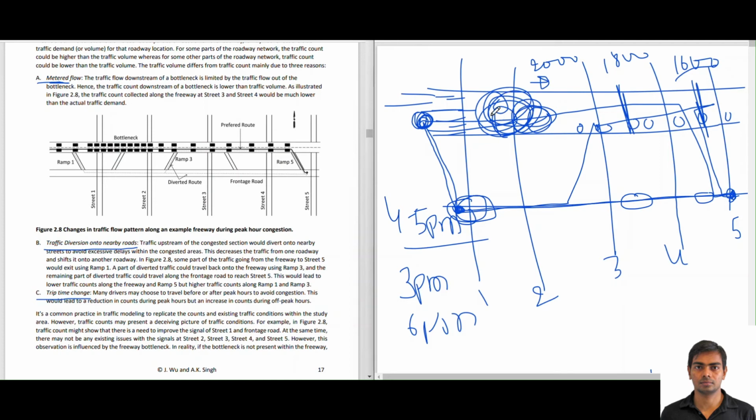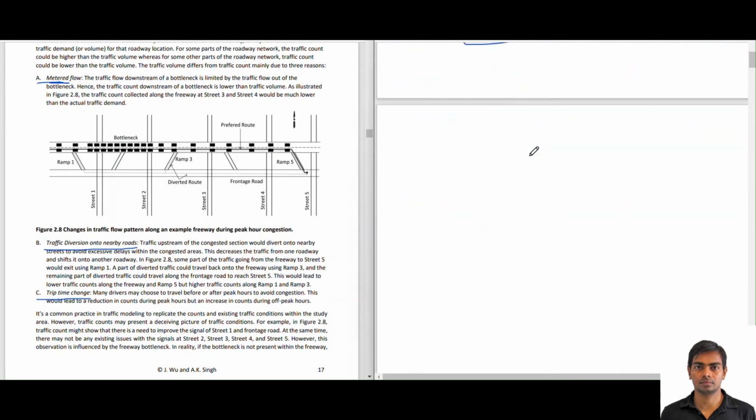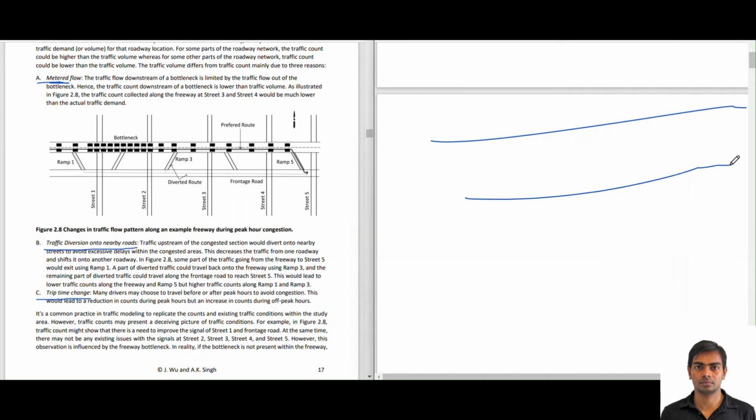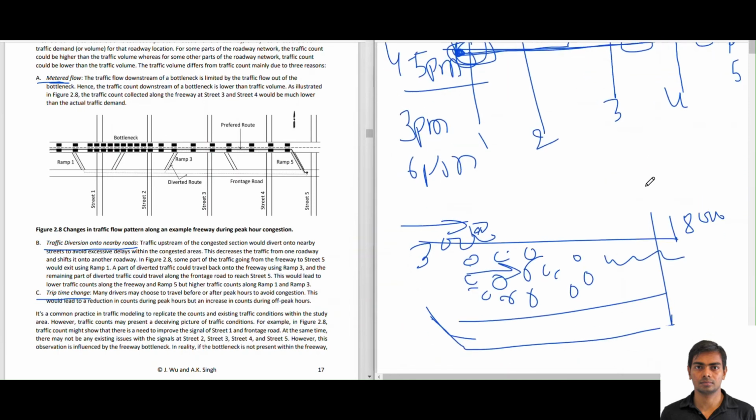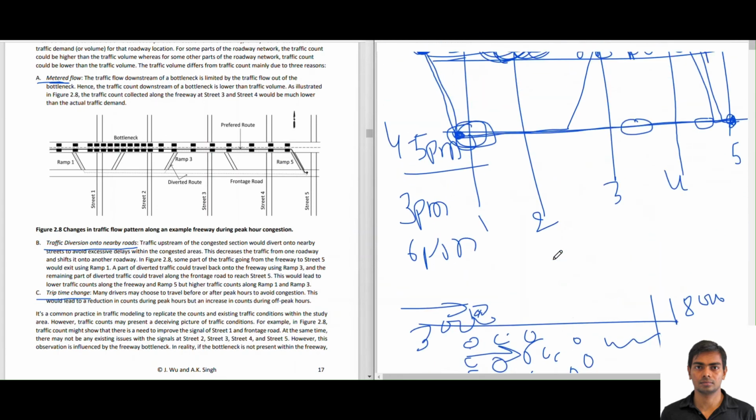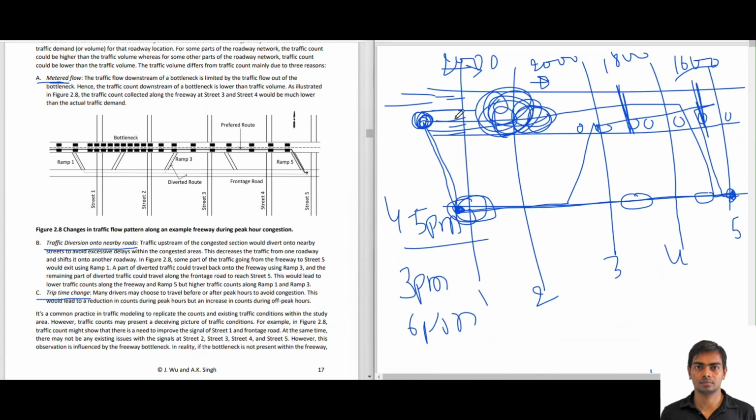And once we fix this congestion, let's say the observed flow here is 2000, and once we fix this issue, now there will be more vehicles, because people who are leaving at 6 p.m. during congestion might start to leave at 5 p.m., which is their preferred time. People who are diverting through this route might start to use the freeway again, and vehicles that are stuck here will start to move freely.